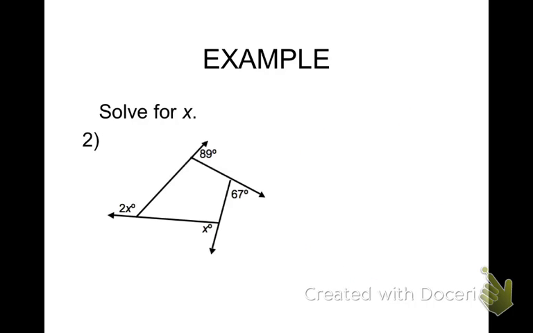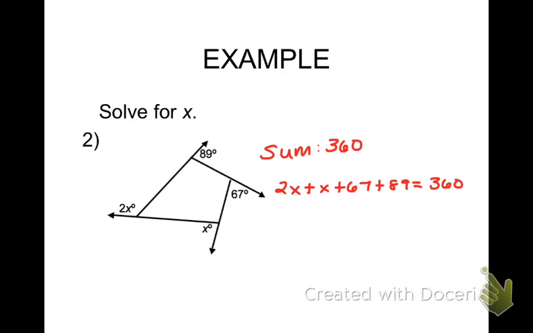All right, and number 2, we have exterior angles. So the sum of the exterior angles is always going to be what? 360. So if you have exterior angles, then yes, you will always equal them to 360. So we're going to do a 2x plus a 1x plus 67 plus 89 and equal that to 360.